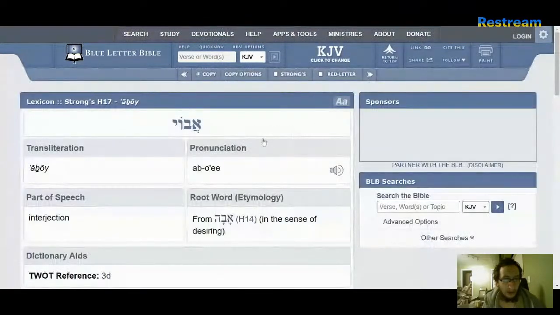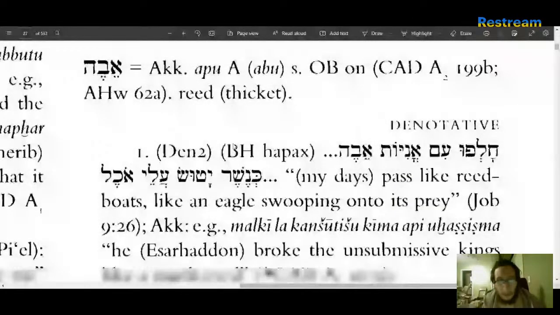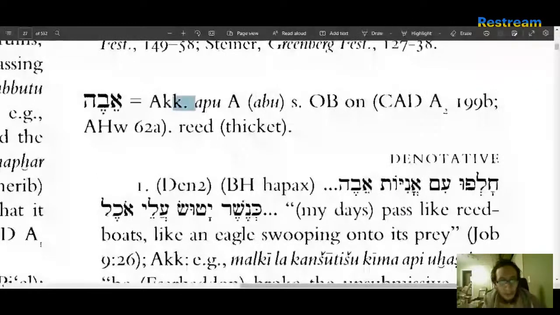But it occurs again. So now we're going to look at the Akkadian thing for it. So reed occurs in Assyrian dialect and the Old Babylonian onward.